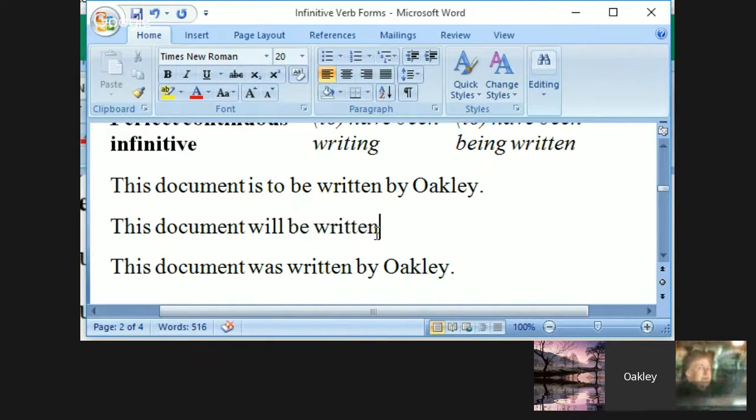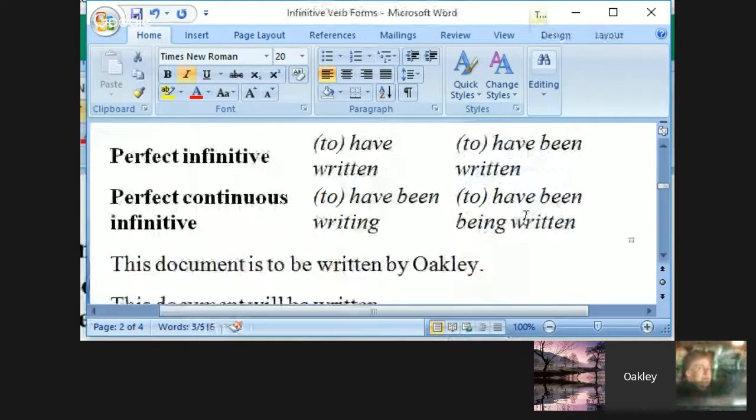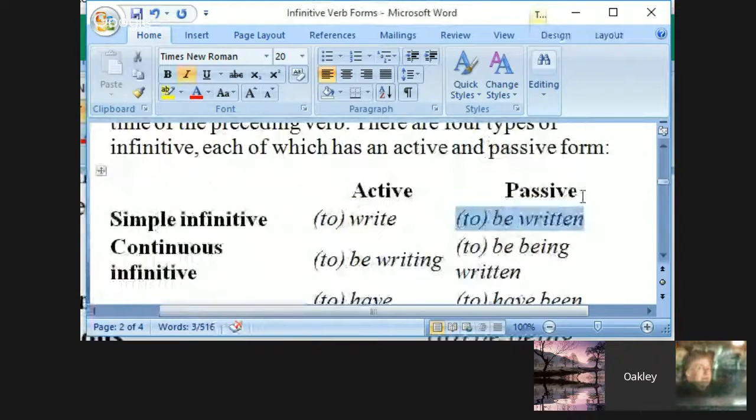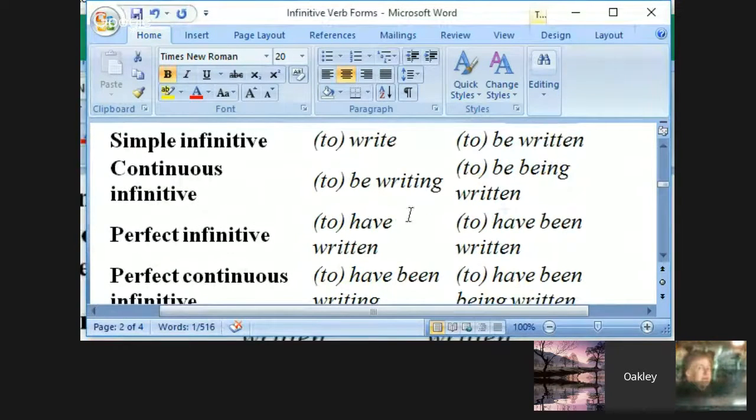It's a passive, but I don't need to use the infinitive. All right, I don't need to do that. So we don't actually see the passive very often because usually you can rewrite it and use an active form, which we just tend to do. Okay.